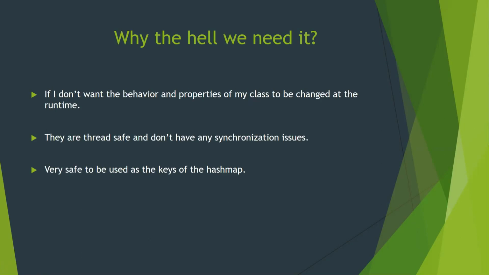That object is already present in the hash table, but its property is changed. Now if we search for that in the hash table, you won't get it, because its property is changed, so its hash code can be changed. So it's very safe for an object which is made from an immutable class to be the key of the hash map. So these are some of the advantages of making your class immutable.